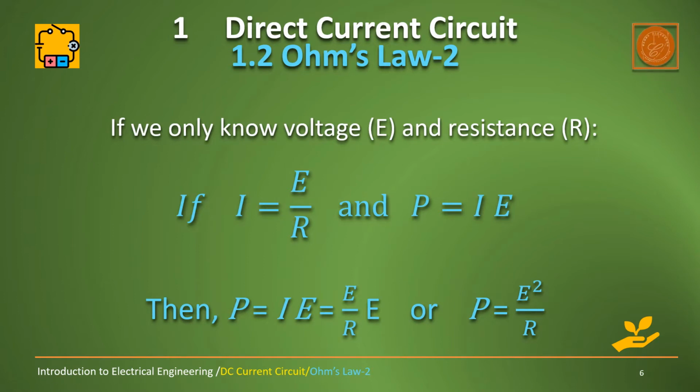Since we know the power P equals I times E, if we only know voltage and resistance, how do we calculate the power directly with voltage and resistance?